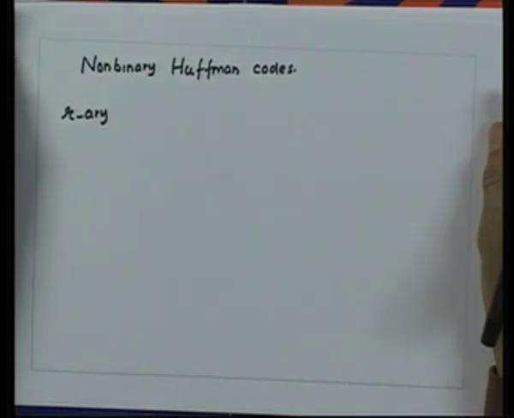Recall that we had obtained the Huffman algorithm based on two observations. First, that the symbols that occur more frequently or have a higher probability of occurrence will have shorter code words than symbols that occur less frequently.